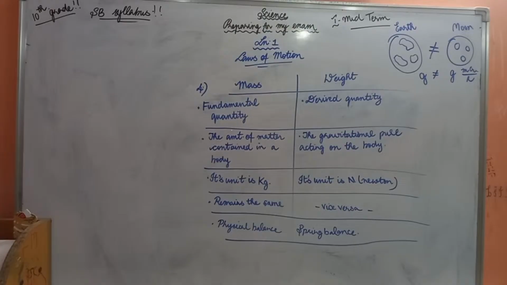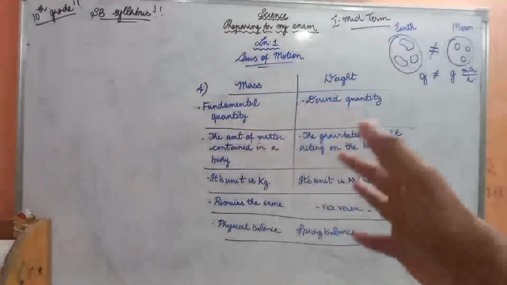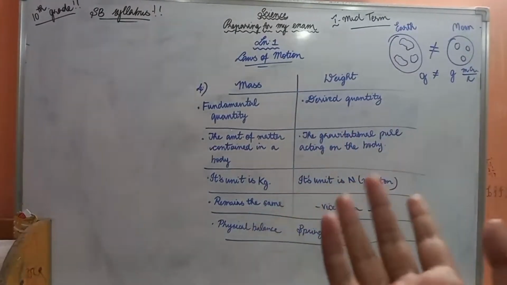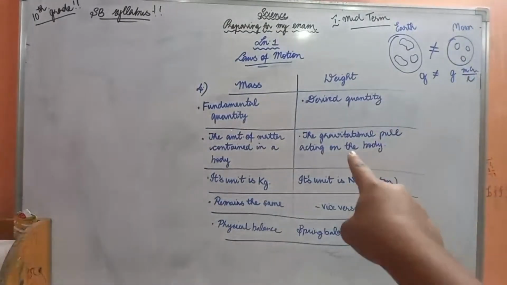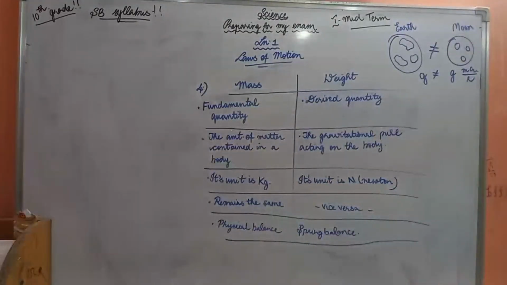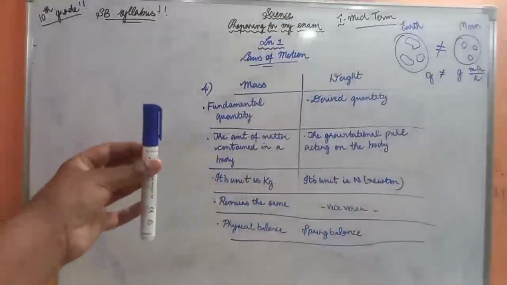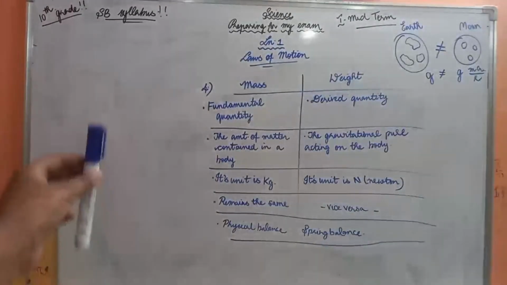So mass is a fundamental quantity, which means it has many units, such as kilogram, gram, a lot of things. And weight is a derived quantity, derived from other quantities. Imagine this is a whiteboard marker and it is 32 grams.